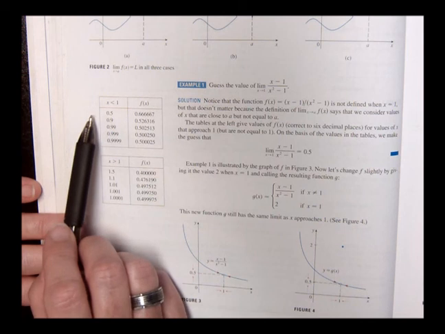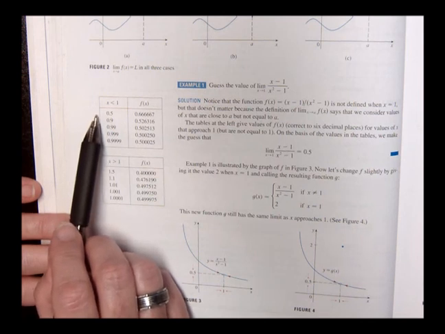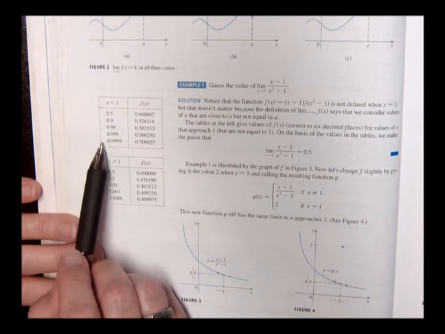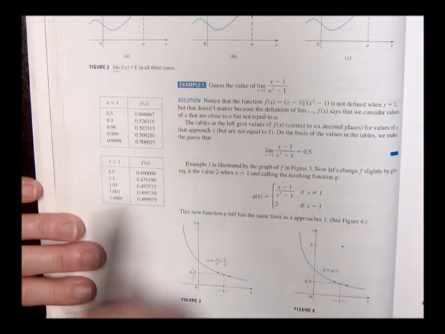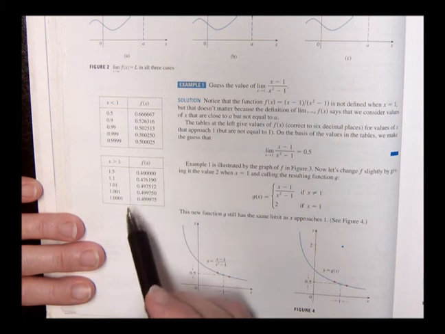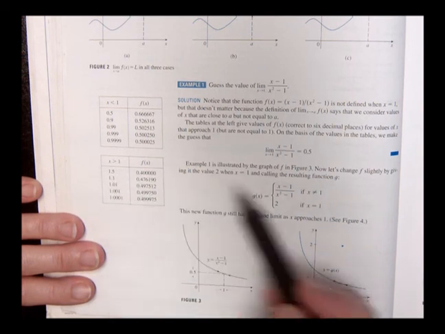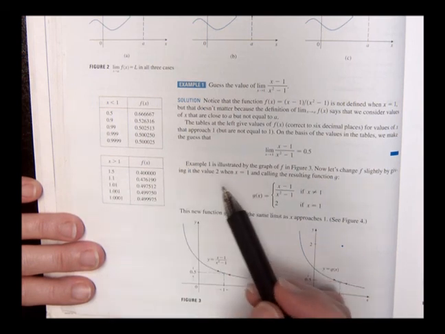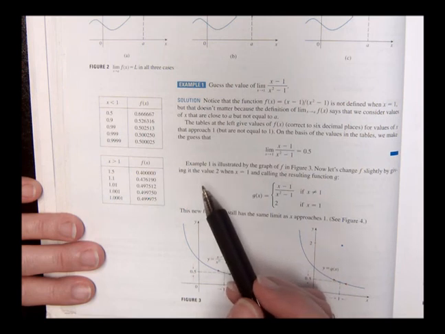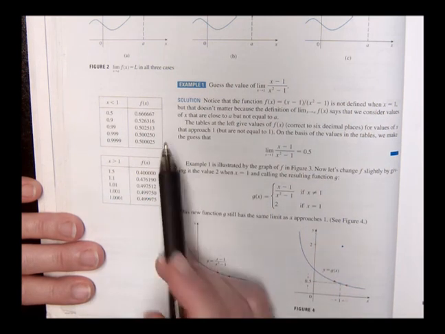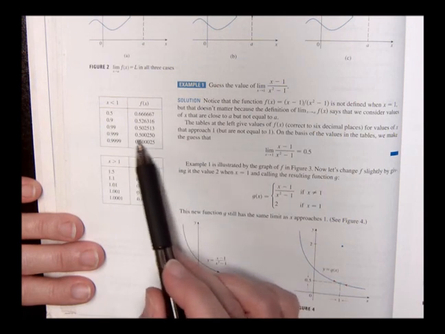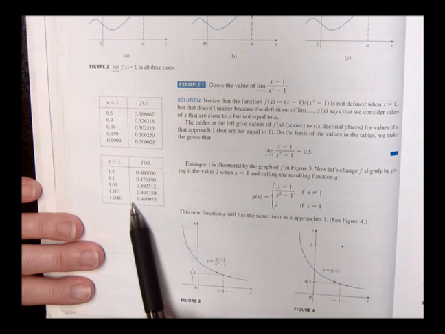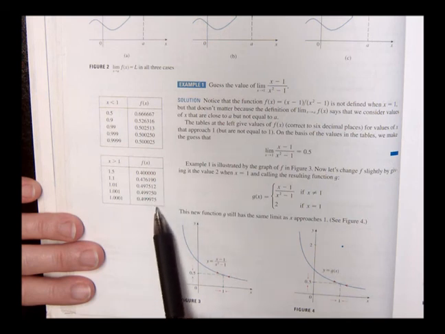So let's start at 0.5 and work our way to 1. This would be coming from the left to the number. How about looking at 1.5, which would be on the right of it, and coming towards 1? By looking at both tables, we can see that both of the values seem to be getting really close to 0.5.